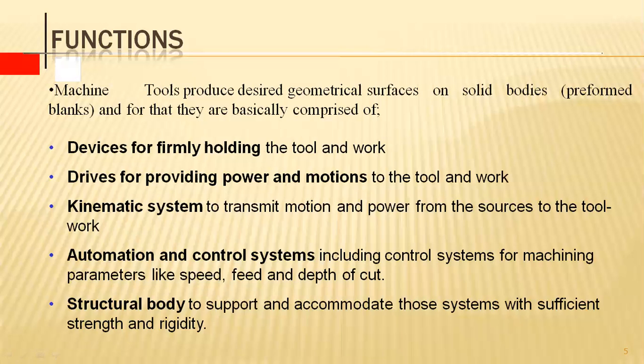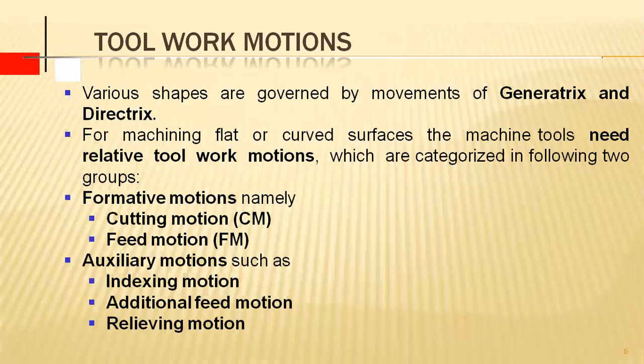Structural body: it's the device that supports and accommodates the systems with sufficient strength and rigidity for the commencement of the work. As per the tool work motions over the work part, nominally we'll be discussing how many tool working motions can exist over the entire lathe machine.